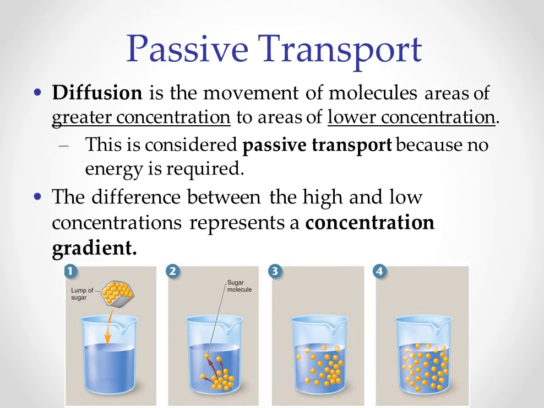Let's talk about passive transport. Now, passive transport means that it's any type of movement of molecules. It's going to go from a high concentration to a low. It also means that it does not need energy. Okay, so it's going to go through a concentration gradient.